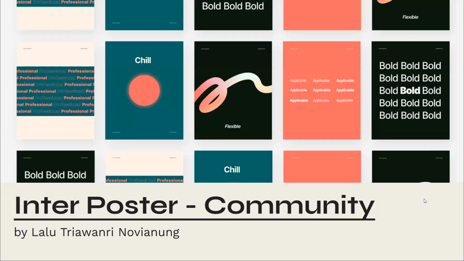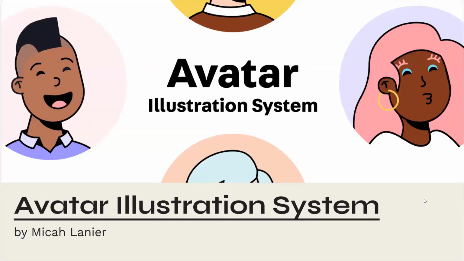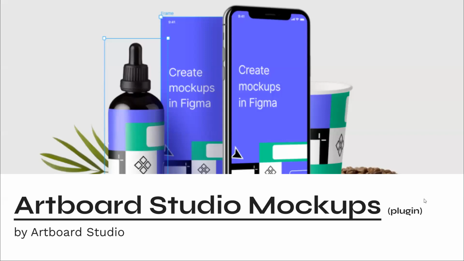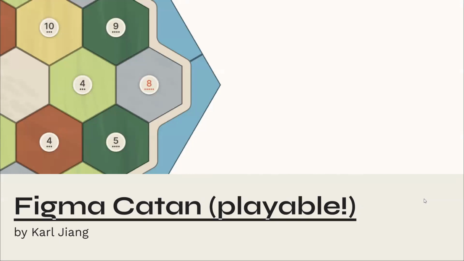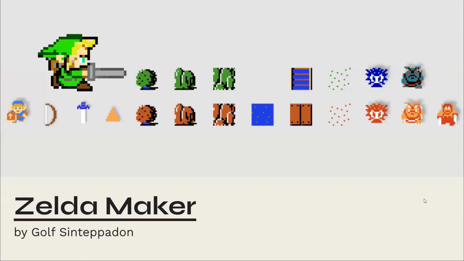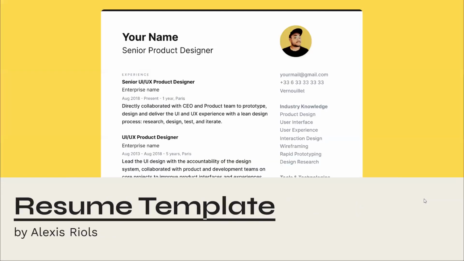So like brand styling, poster design, avatar illustrators, mockups, material design system, user research. Oh, you probably won't use this for your midterm, but you can play Catan in Figma, which is very fun. If you want to play with your friends, it would be very fun. There's also Zelda Maker, very innovative. Yeah, a lot of fun things. Resume template, if you need to remake your resume.